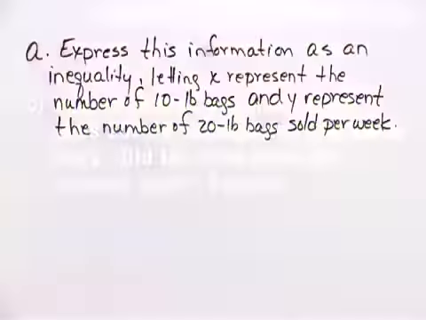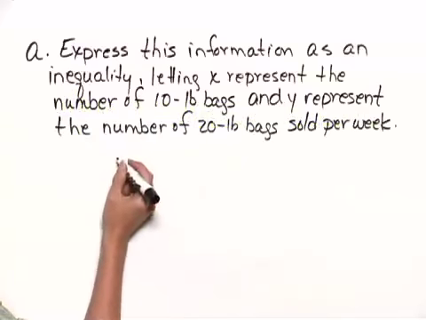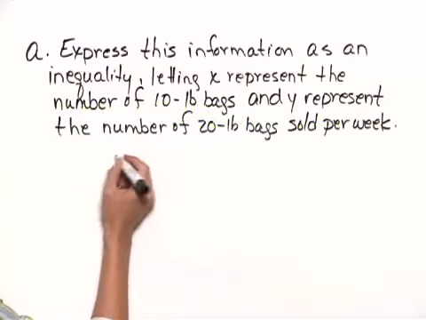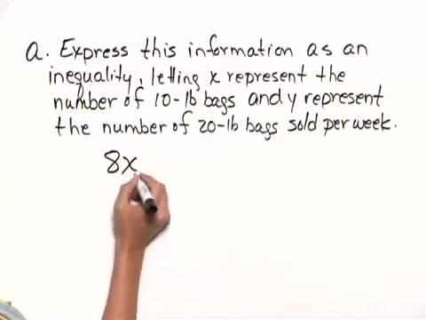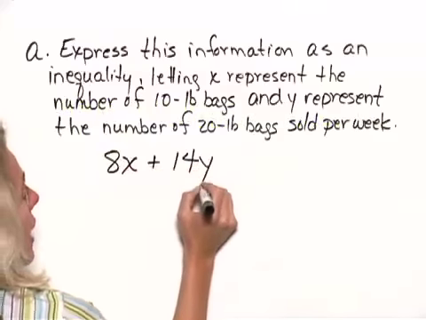Explain. Now for part A, we want to express the information in the problem as an inequality, letting x represent the number of 10-pound bags and y represent the number of 20-pound bags sold per week. So the expression that incorporates the price of the 10 and 20-pound bags is $8 for the 10-pound bag and $14 for the 20-pound bag.